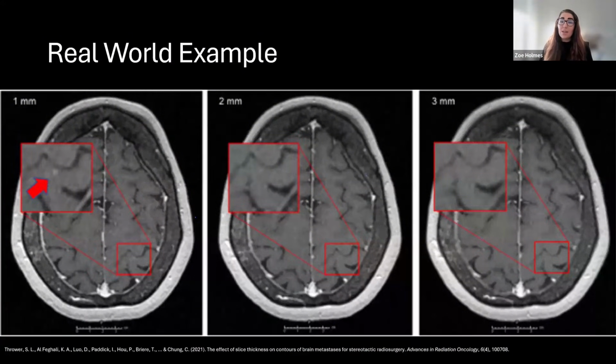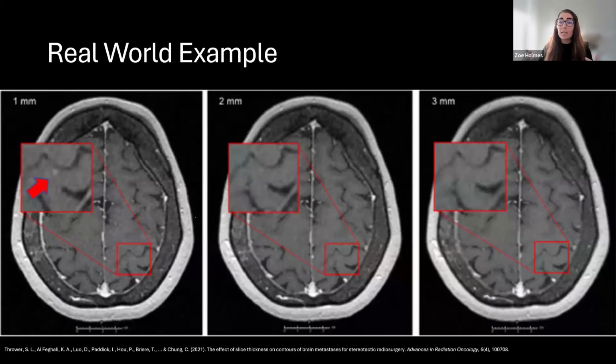In their data, 13 metastases were missed across 7 patients when they increased from 1 millimeter to 3. This highlights that slice thickness to increase our SNR can't be our first lever to pull when we're thinking of how to get signal back.